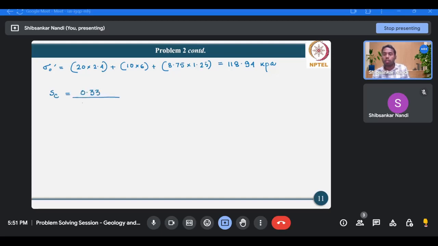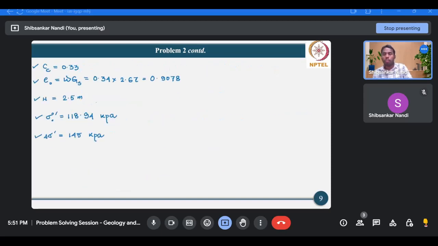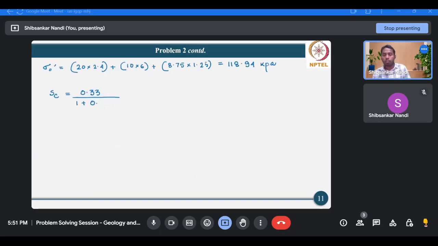So therefore, the Sc value would be 0.33 divided by 1 plus 0.9078, into 2.5, into log of (118.94 plus 145) divided by 118.94.